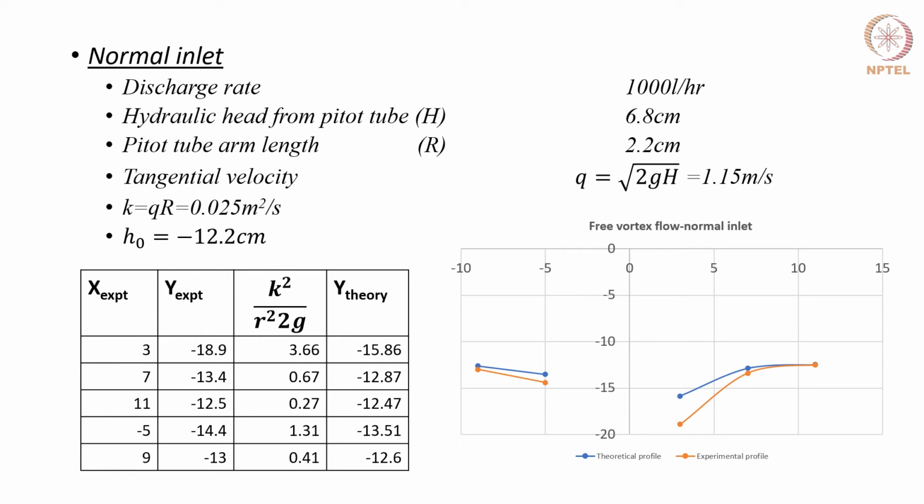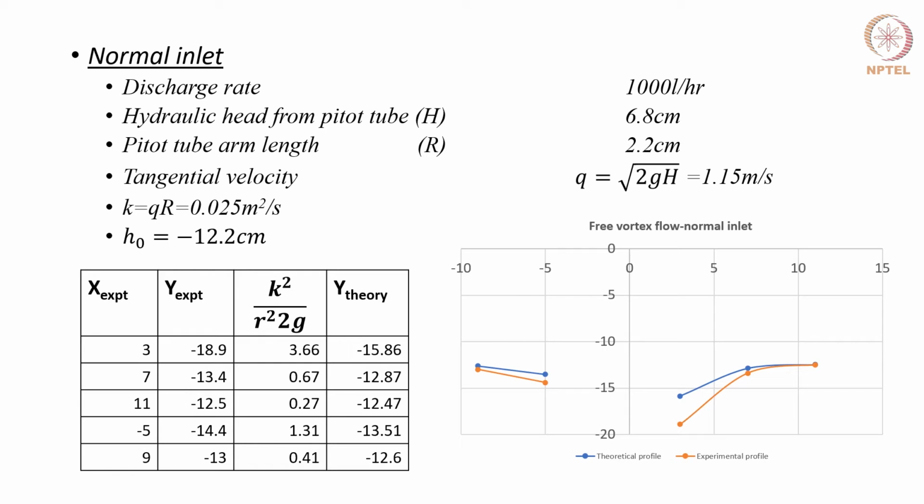The discharge rate at which we got a steady vortex was found to be 1000 liters per hour, and the hydraulic head from the pitot tube is 6.8 centimeter, and the pitot tube arm length, that is the radius at which we have got a hydraulic head of 6.8 centimeter, is 2.2 centimeter.